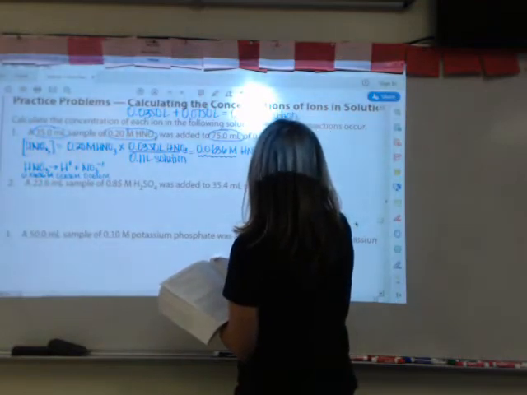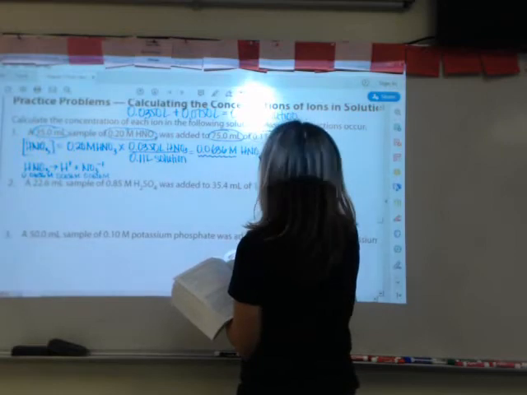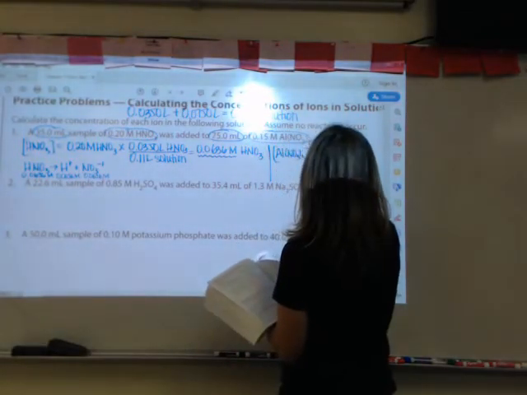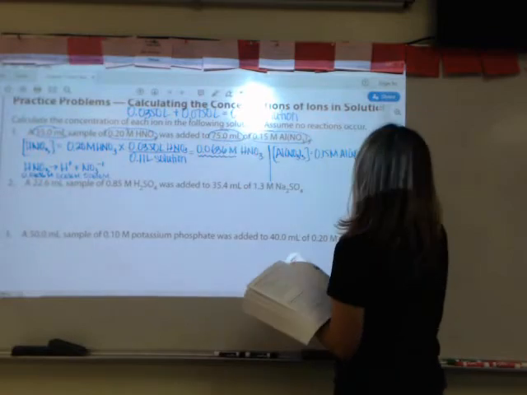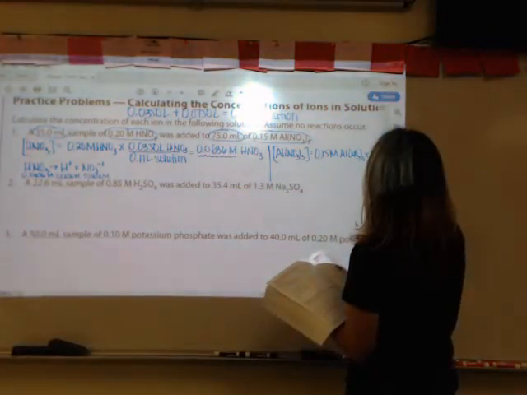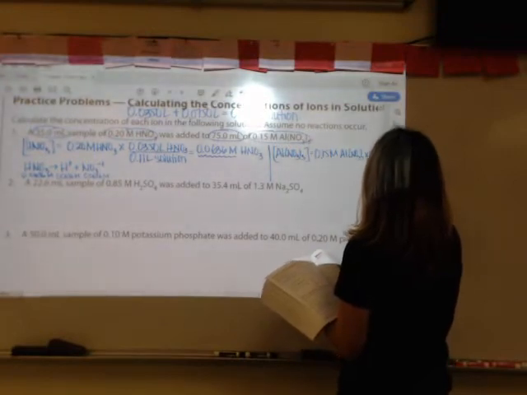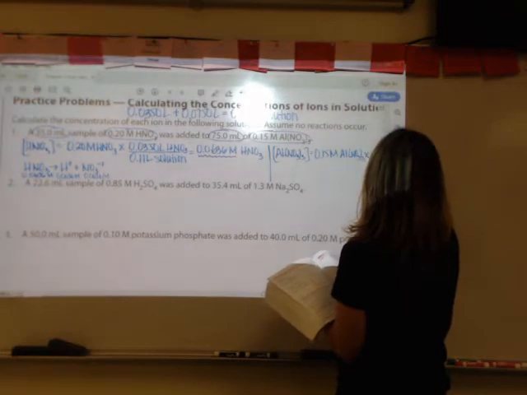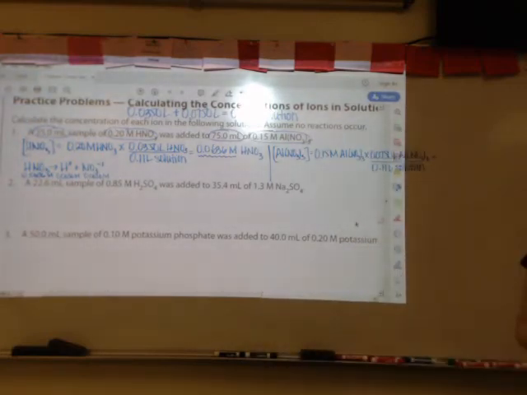So for my aluminum nitrate, concentration after the solutions are mixed, this is 0.15 molarity. I'm going to multiply that by its volume, which is 0.075 liters. And then you're going to divide that by the total volume of the solution, which is 0.11 liters. Okay?